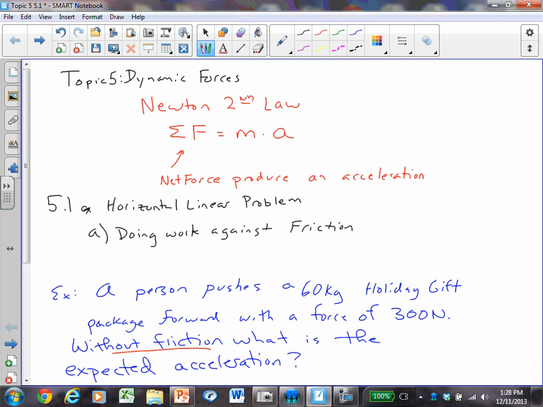So when we do problems with the second law, one force is typically larger, like a push force is larger than, say, a friction force. And we might still have Fg down and F perpendicular.